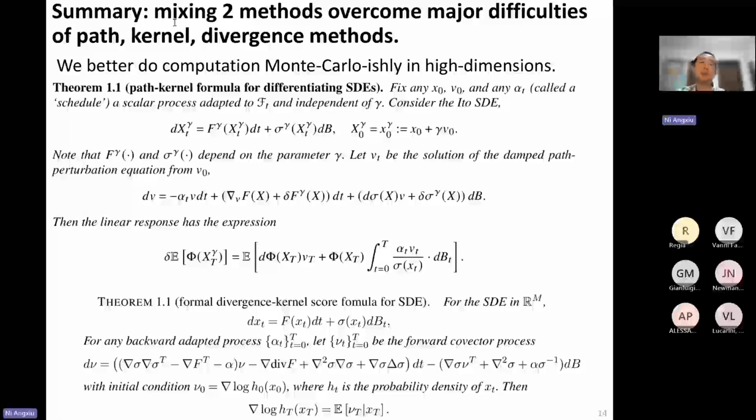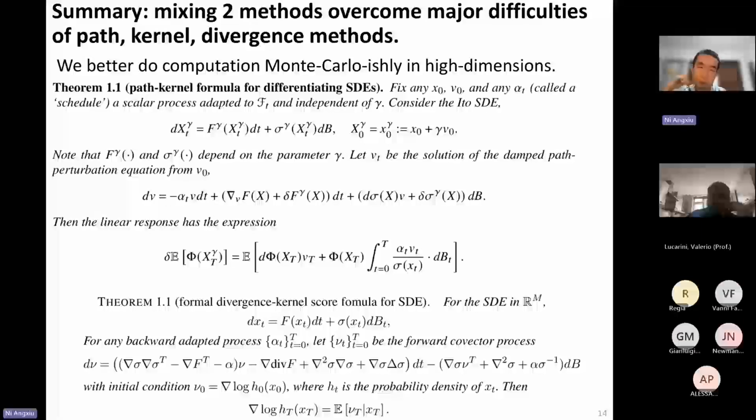The second thing I want you to remember is that mixing two of the basic approaches could overcome some major difficulties. And the third thing I wish you to take away is that, because the dimension is typically very high, if you want a numerical algorithm to work in high dimensions, you had better do things Monte Carlo. You compute sample paths, you do things on sample paths, and then you average over them.